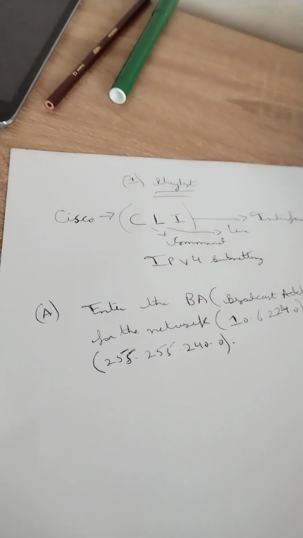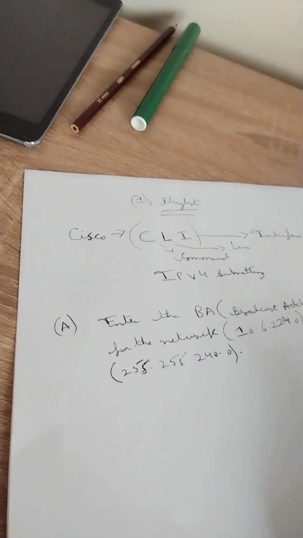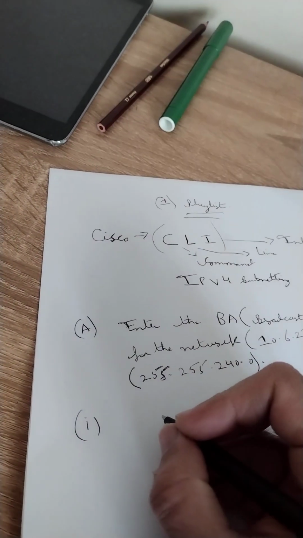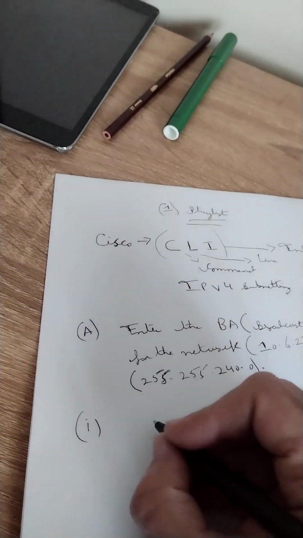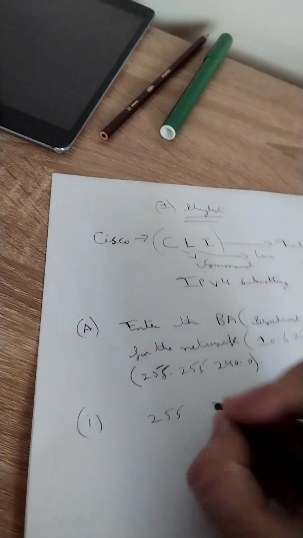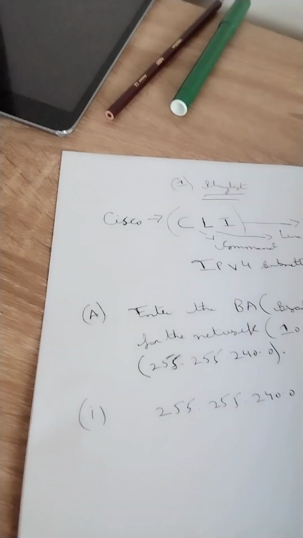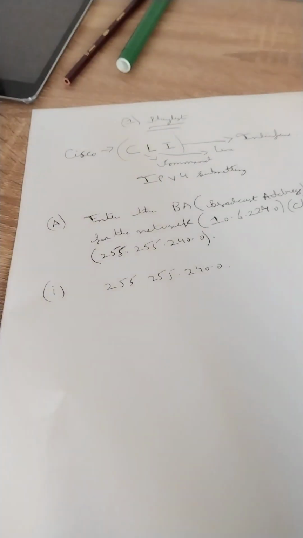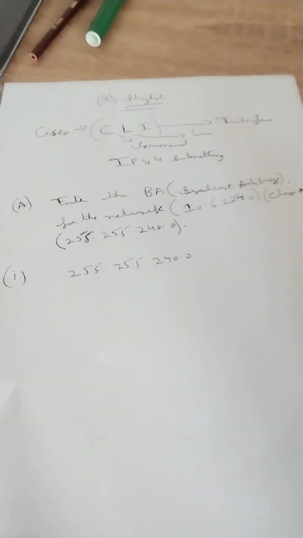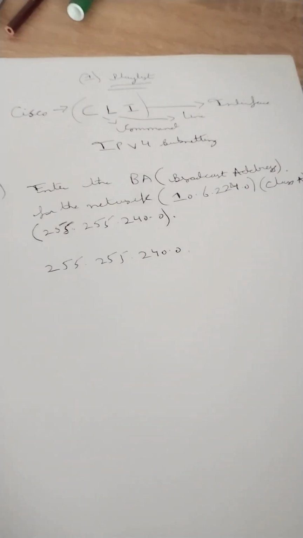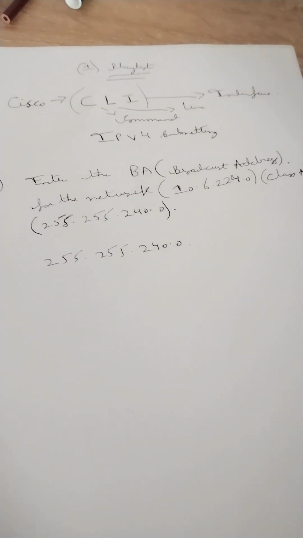Good. So now, we have already been given the subnet mask, which is 255.255.240.0. If anyone gets a bit confused or can't understand what is happening, they can go to the playlist and revise the videos again and again.